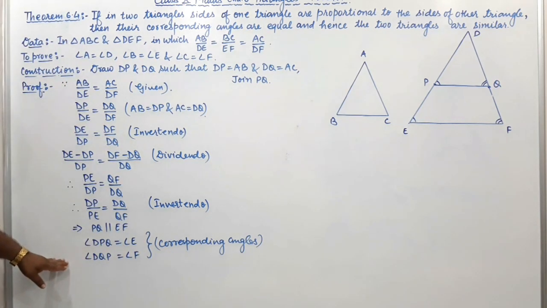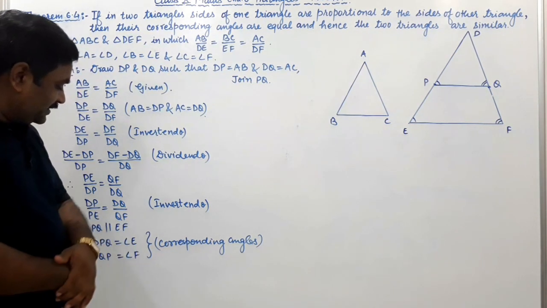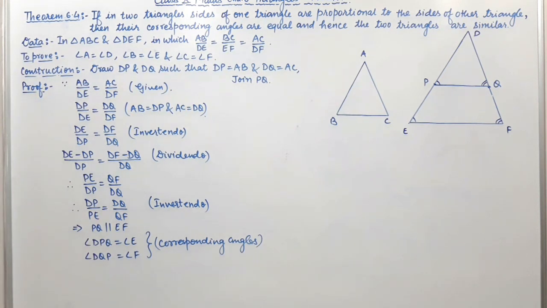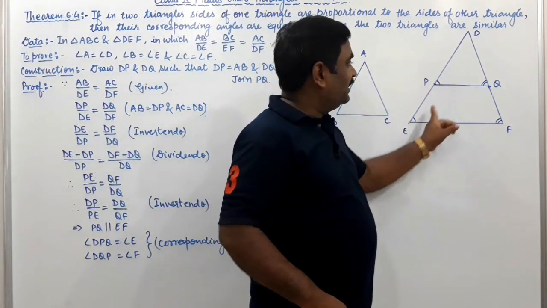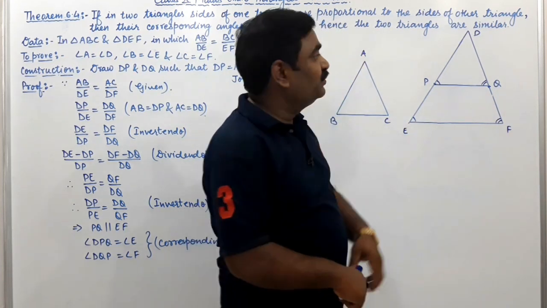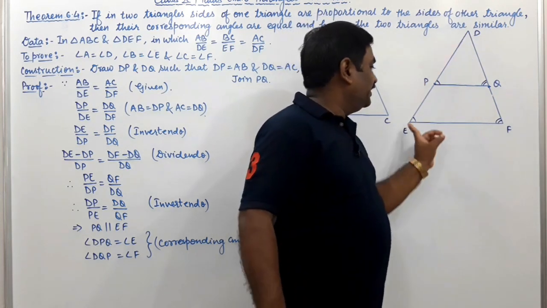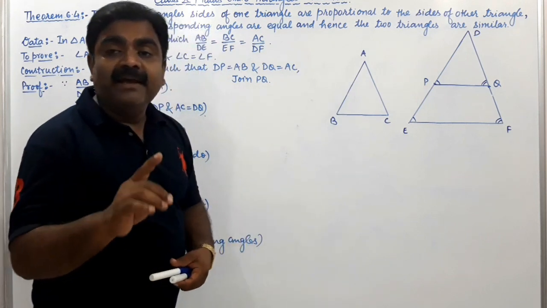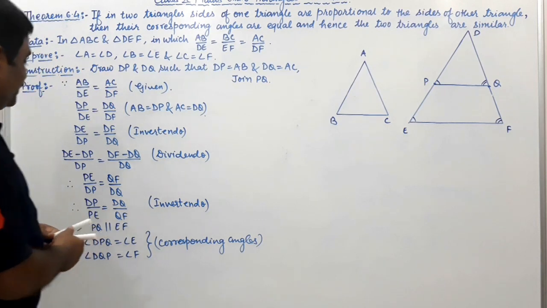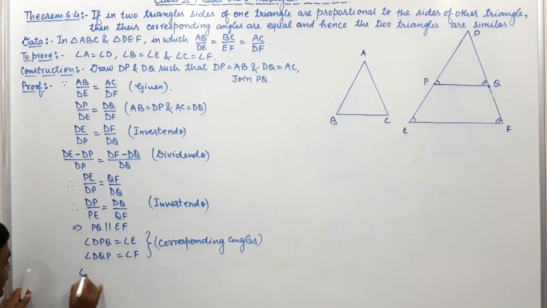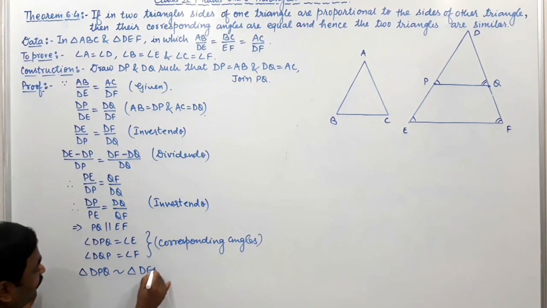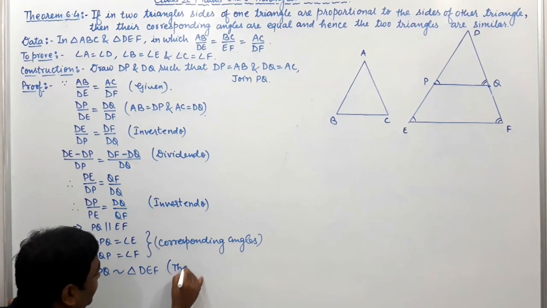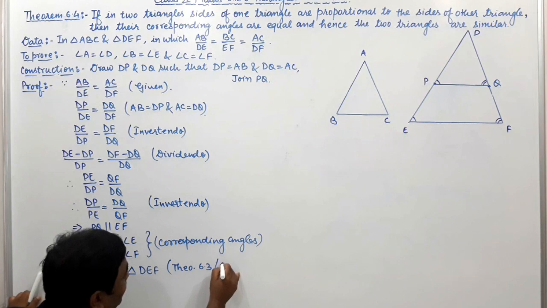If they are equal, angle P equals angle E and angle Q equals angle F. Therefore these two triangles, triangle DPQ is similar to triangle DEF by angle similarity, or by theorem 6.3.